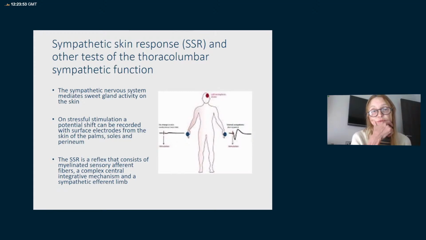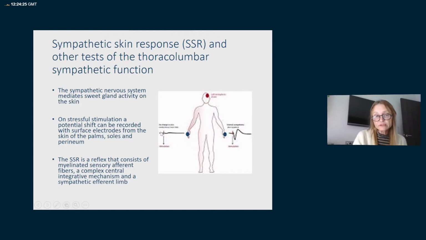So, starting with the sympathetic skin response, the sympathetic nervous system mediates sweat gland activity on the skin, and on stressful stimulation, for example electrical stimulation of the contralateral nerve, a potential shift can be recorded with surface electrodes from the skin of the palm, the sole and the perineum.